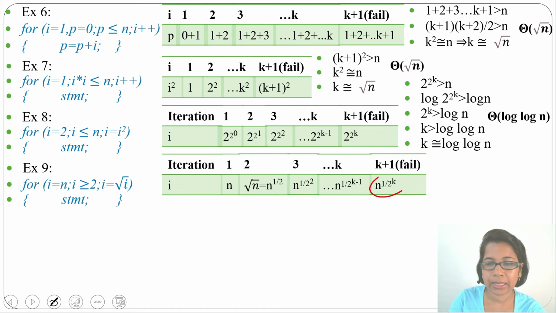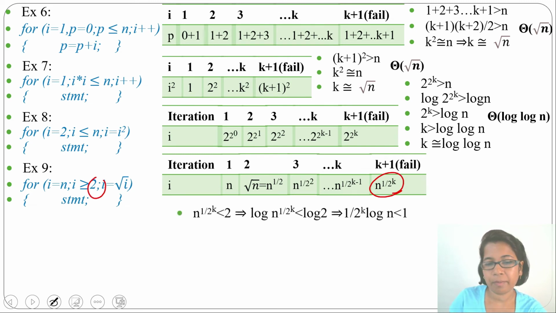Now when this value is less than 2, it will fail. n power 1 by 2 power k is less than 2. So take log on both sides. After taking log on both sides, log of n power 1 divided by 2 power k is less than log 2. So this log 2 is 1. Here you can take 1 divided by 2 power k to the left side. 1 divided by 2 power k times log n is less than 1.